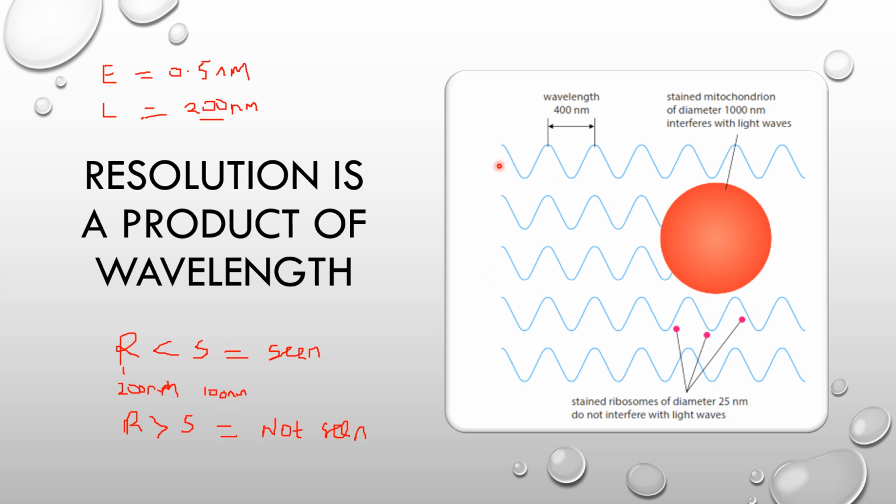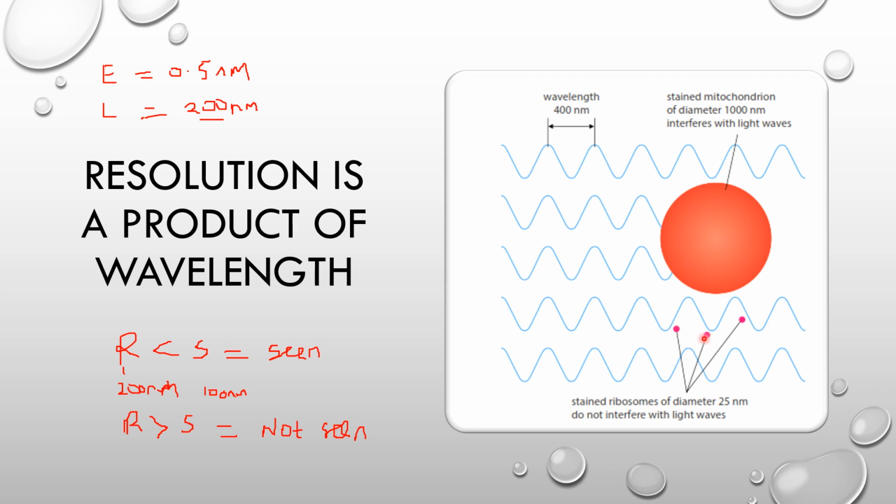Now this is light microscope. This is the wavelength of light. The smallest wavelength is 400 nanometers. Wavelength is the distance between two peaks in a wave. The size of this structure is 25 nanometers. Remember, if the structure is smaller than the wavelength or the resolution, it cannot be seen.